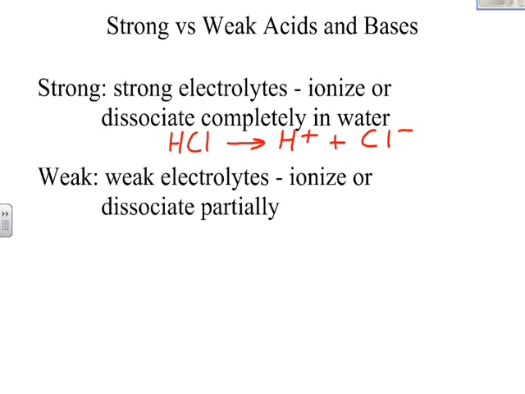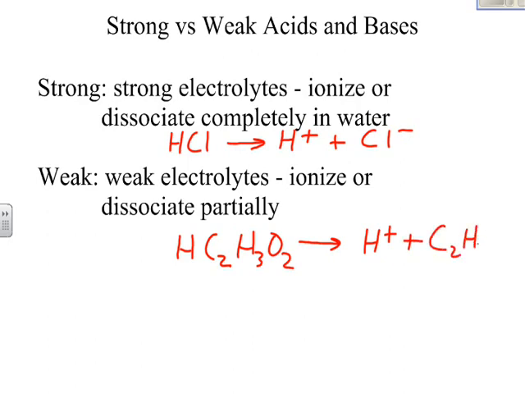Weak electrolytes, or weak acids or bases, will ionize or dissociate only partially. For instance, the acetic acid, HC2H3O2. So when you put this in water, it will only break apart partially into the hydrogen ion and the acetate ion.